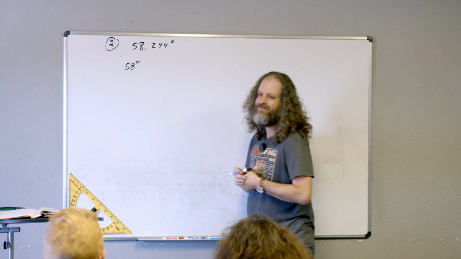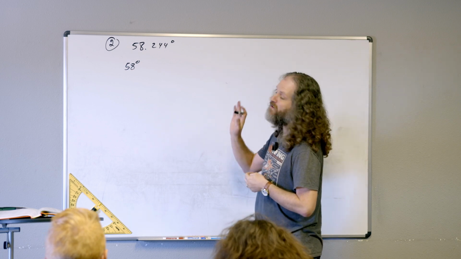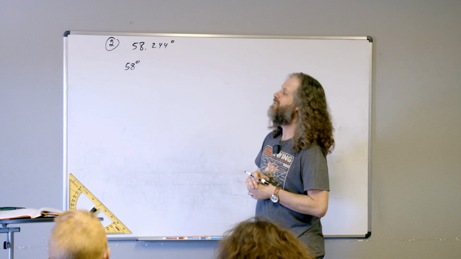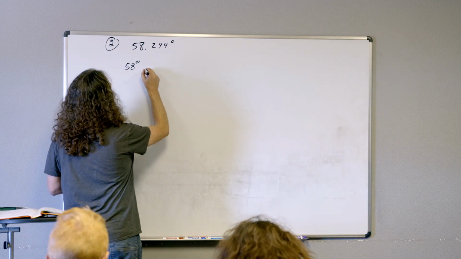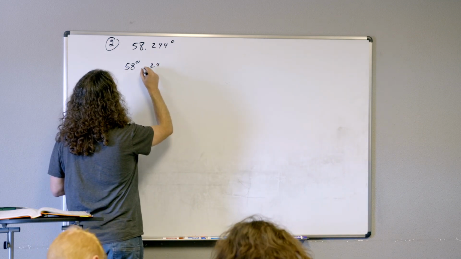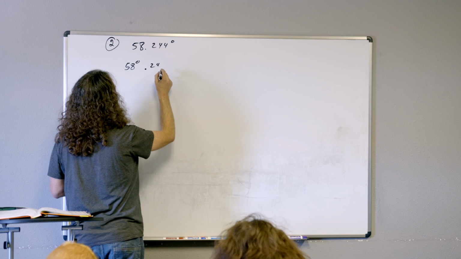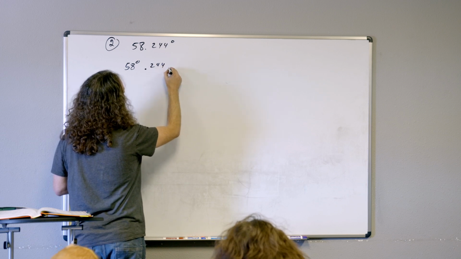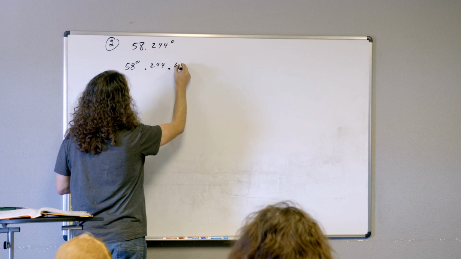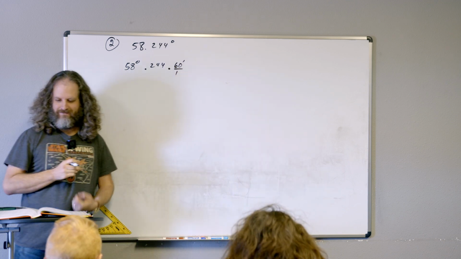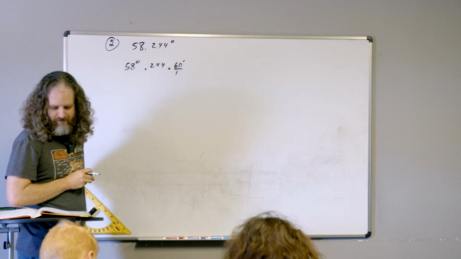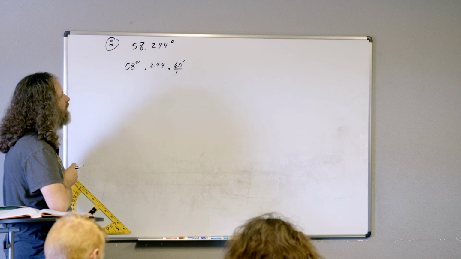We're going to take the fractional degrees, 0.244, and multiply that times 60 minutes. And what do you get when you do that?